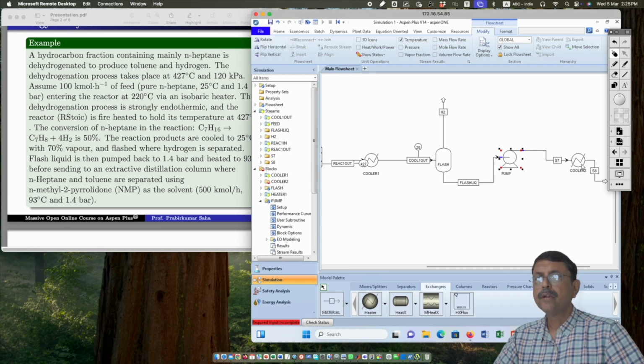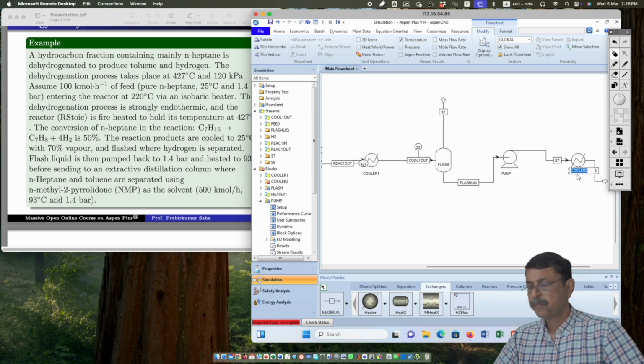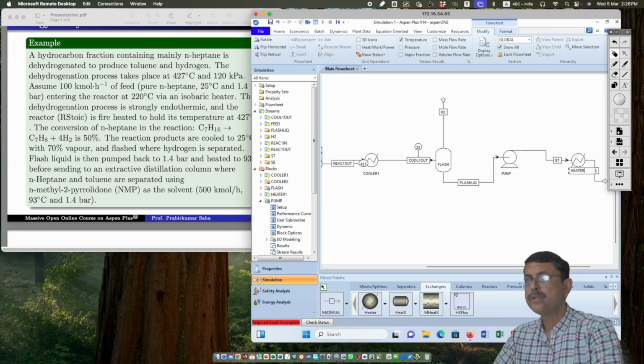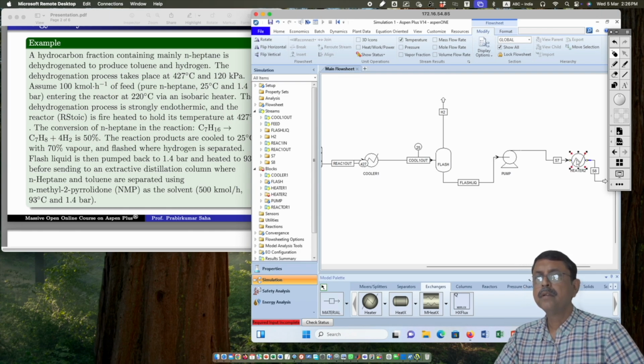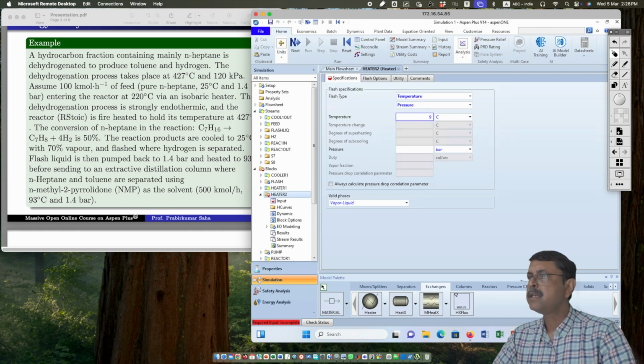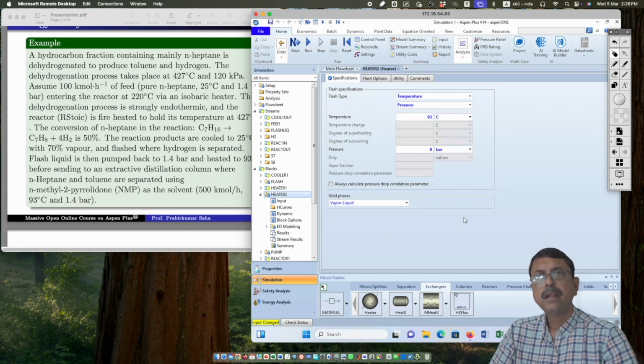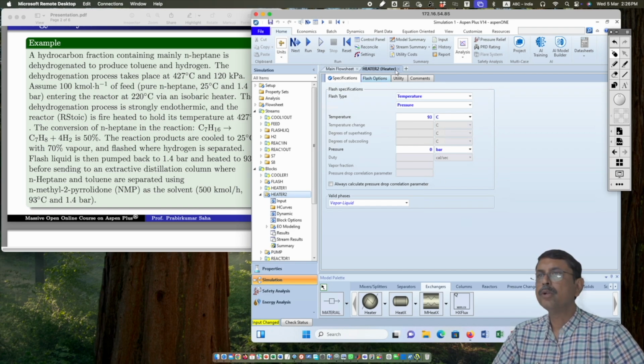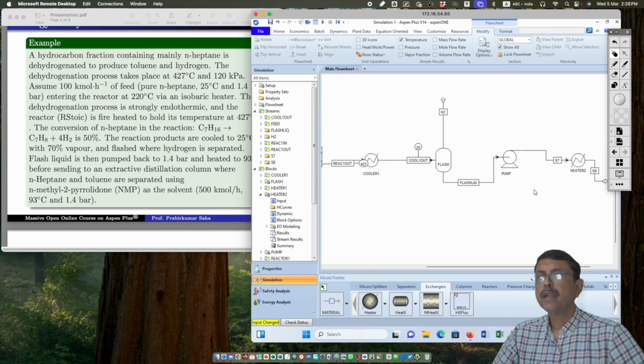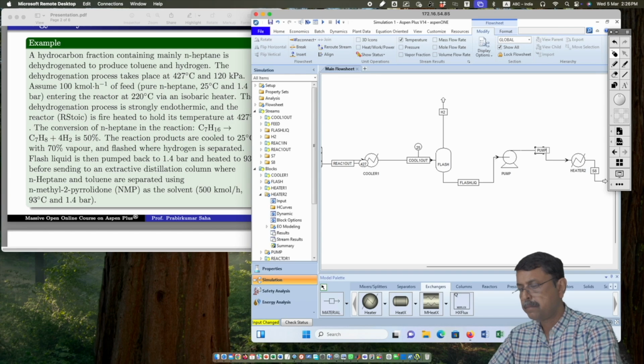So, okay, so it is not a cooler, it is a heater, right? So it is a heater 2. So it is 93 degrees centigrade. And there is no pressure drop at all. Because whenever nothing is said about the pressure, we will assume there is no pressure drop at all. So we call it 0. Delta P is 0. And we name it first. We write it as pump out.